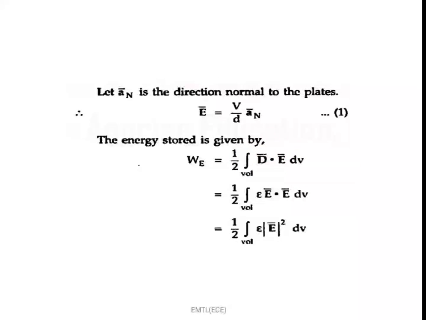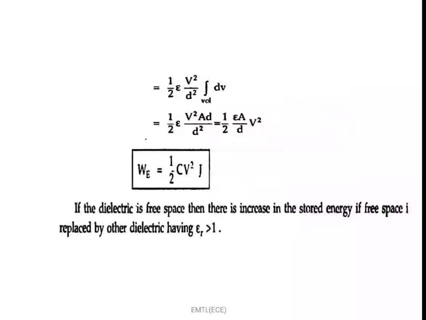Now replace D by the relation epsilon E bar. So here E bar dot E bar is written as mod of E bar square. Now E bar value is V by d, then E bar square value is V square by d square. So in this integration these values are constant, that's why we write them before the integration.